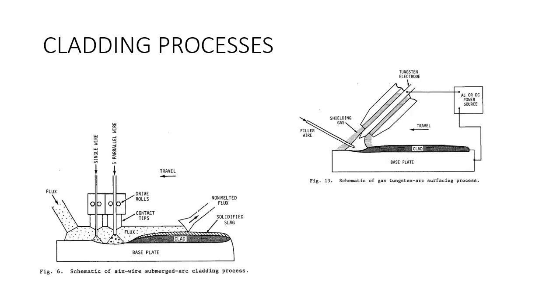Here's a couple of processes. We've got gas tungsten arc welding in that upper right hand sketch or schematic, where you're using gas tungsten arc welding and you're just cladding it with whatever corrosion resistant material you need.